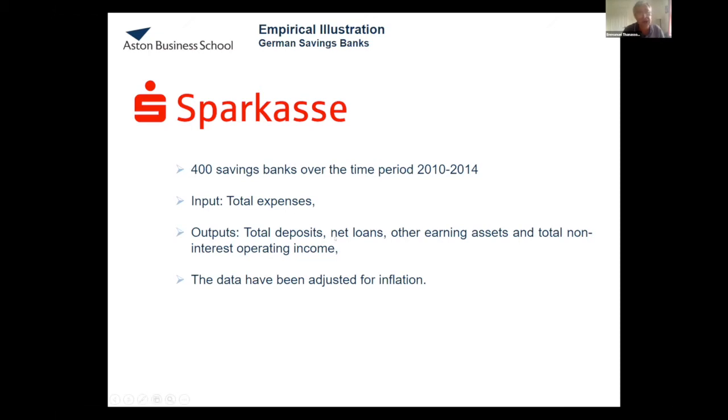And so you have total expenses as the input, the budget, in other words, and then you capture the activity level by looking at how many deposits they handle, how many loans, how many other assets they manage, including interest-earning assets.